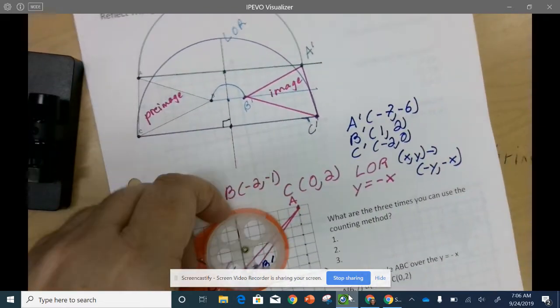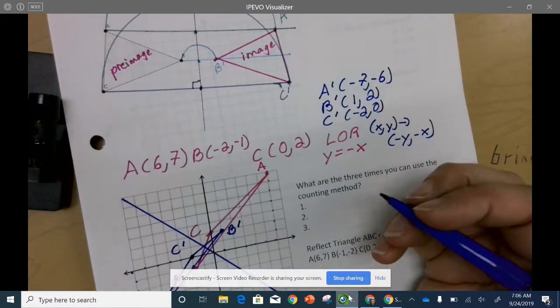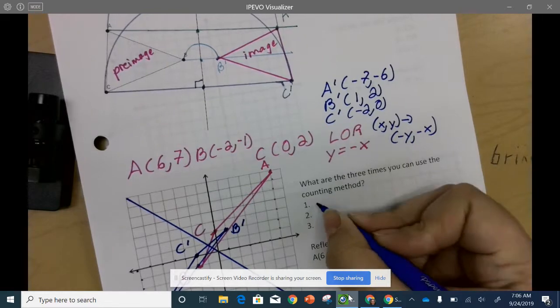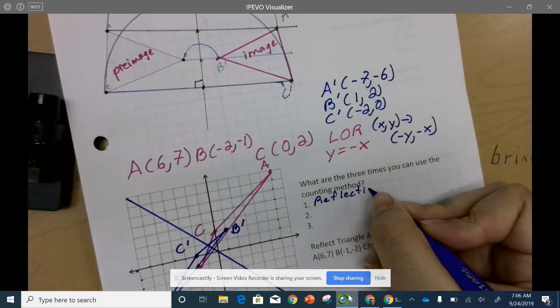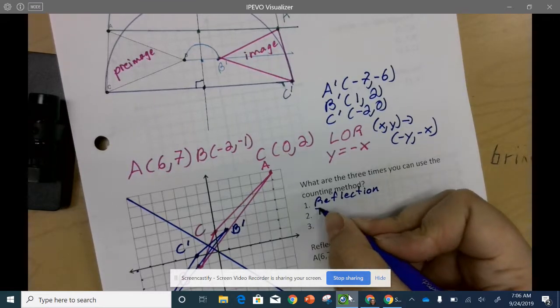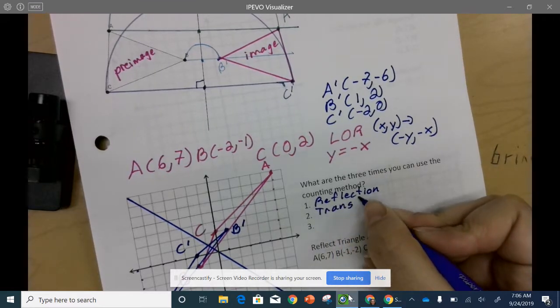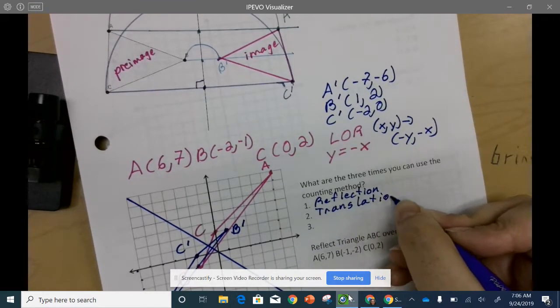Okay. Where the 3 times you can use the counting method. So you can use it for reflection. You can use it for translation.